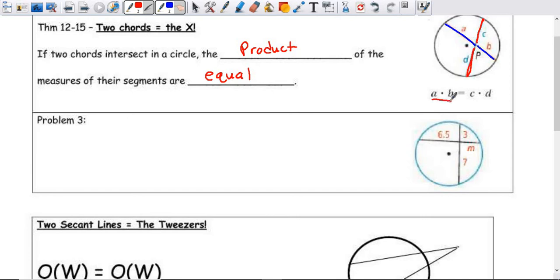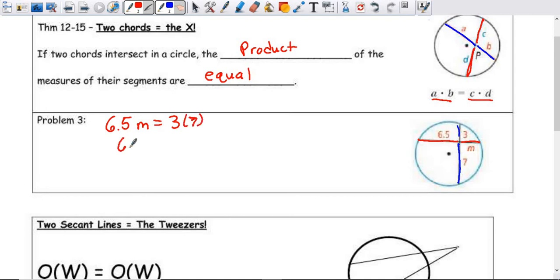So A times B equals C times D, all right? So let's go ahead and try that for this problem below. We know that we have 6.5 here, and we know that this piece is M. Be very careful with that to not put the 3 there. It's actually an M. So we're gonna take 6.5 and multiply it by M, and set that equal to 3, because that's this piece, times 7.